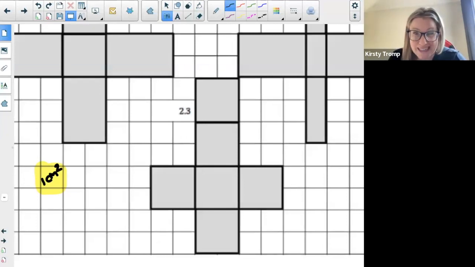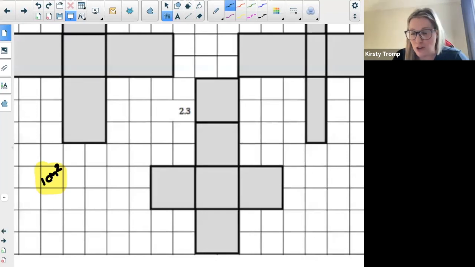They took this cube in 2.3 and opened the cube up for you. If each square is 1 centimeter squared, they want you to tell them what the surface area, so the total area of all of those squares, would be for 2.3's shape.